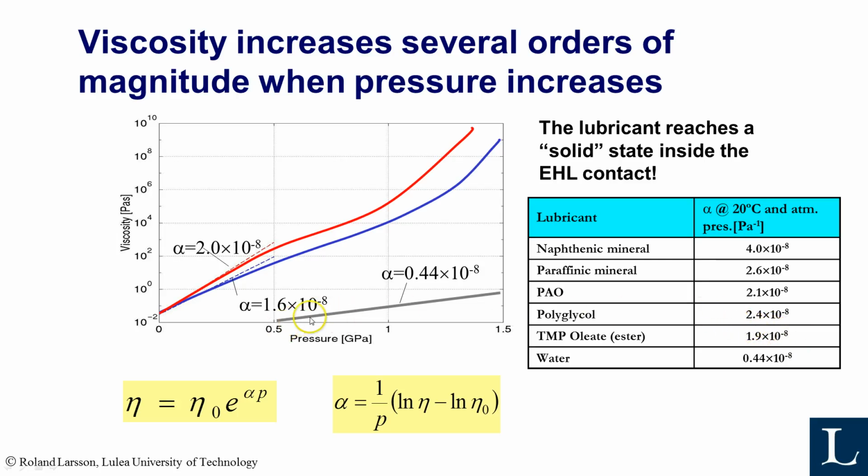You can see here that this is the increase of viscosity for water. It will hardly reach 1 pascal second, which is still a pretty low viscosity, while alpha 1.6 or even 2, it brings you up here in the very high viscosity range.